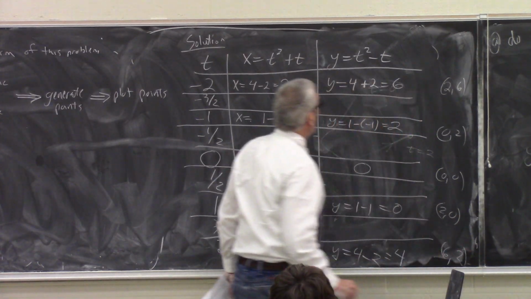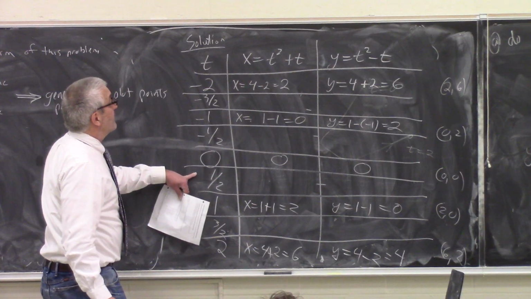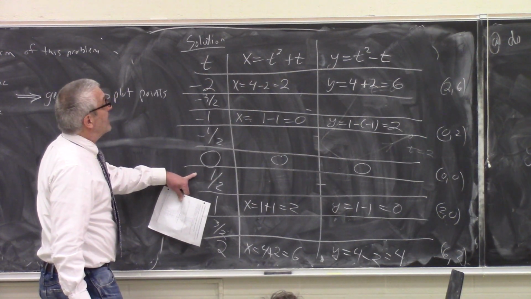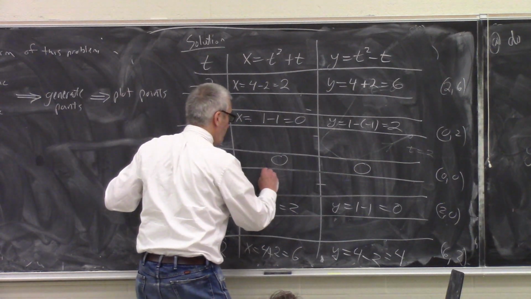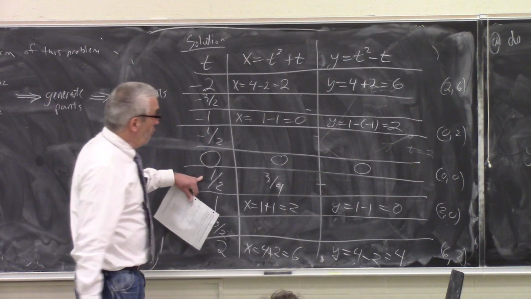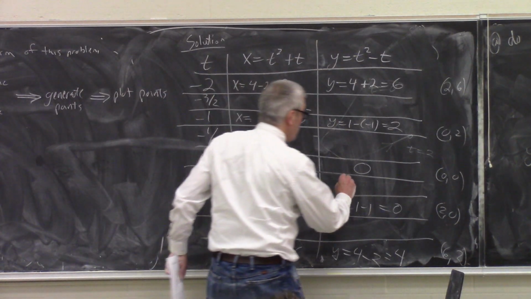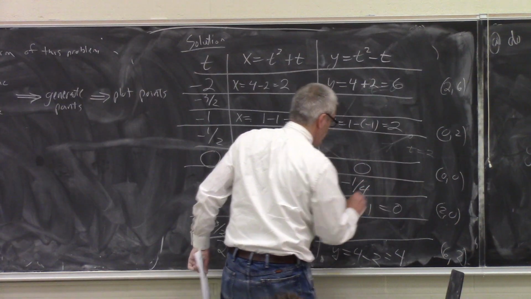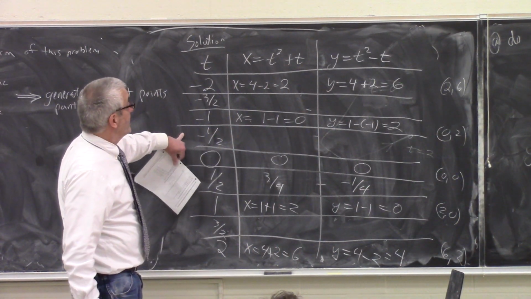Now let's tackle the harder ones. When time is 1/2, I get x is 1/4 plus 1/2, so 3/4. Y is going to be 1/4 minus a half, so minus 1/4. Let's look at when time is -1/2.